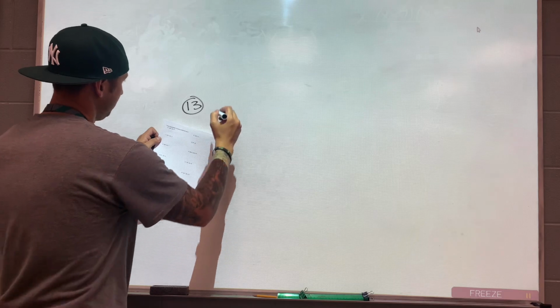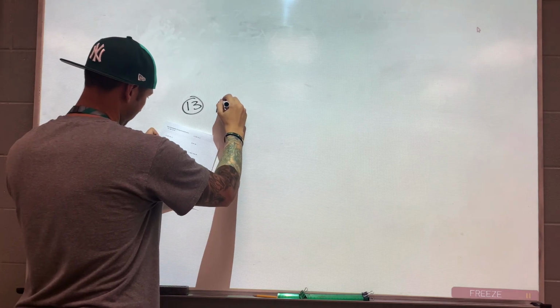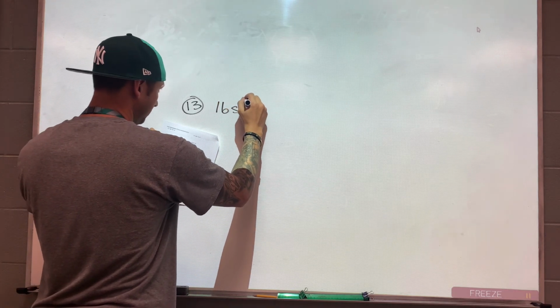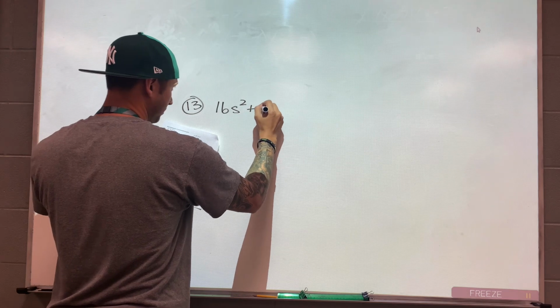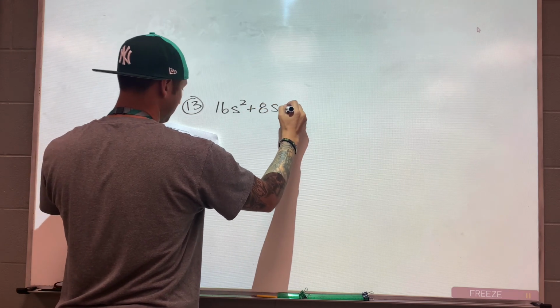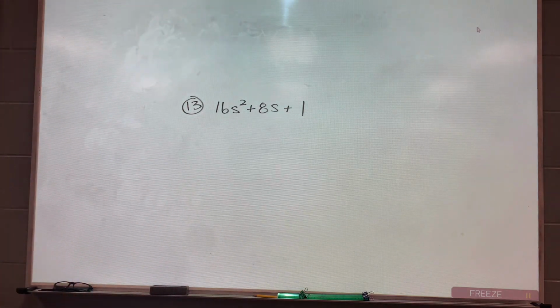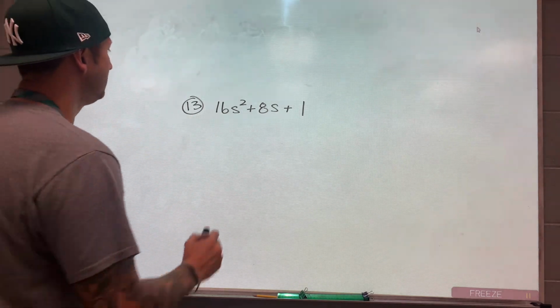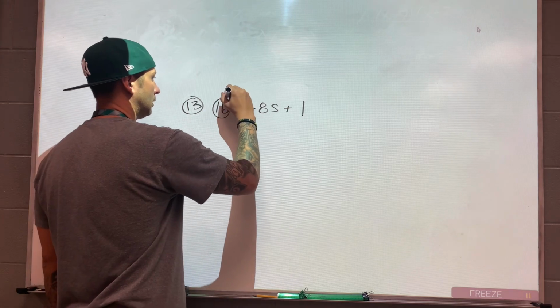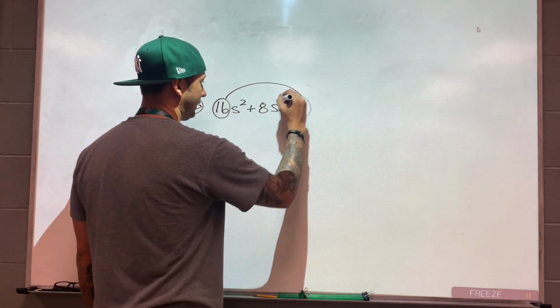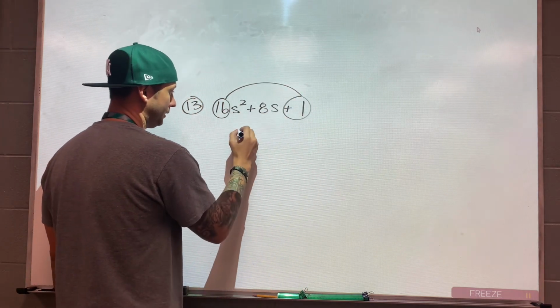Thirteen. Okay. 16s squared plus 8s plus 1. Again, a term is not 1. So I'm multiplying it here, which is nice because that's a 1.